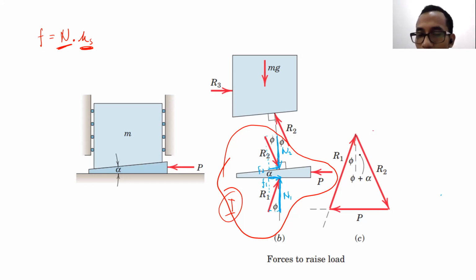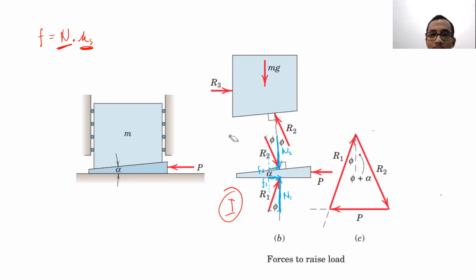So actually, we can represent normal force 1 and friction force 1 as one unknown. In this case, it is R1. Normal force 2 and friction force 2, we can represent as one unknown. In this case, it's R2. Like that. Okay. The same if we take a look at the other free body diagram.